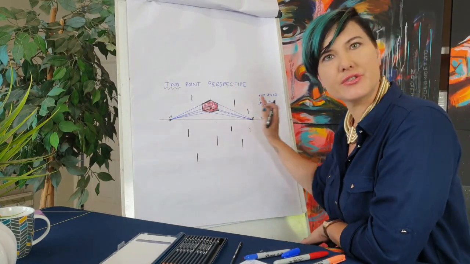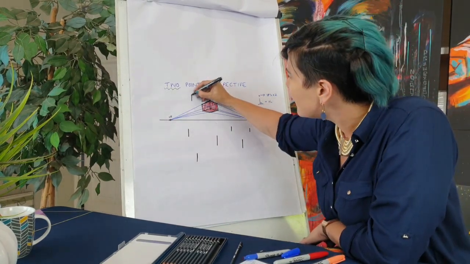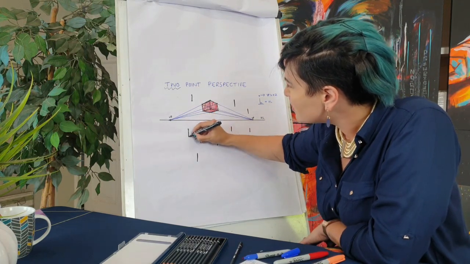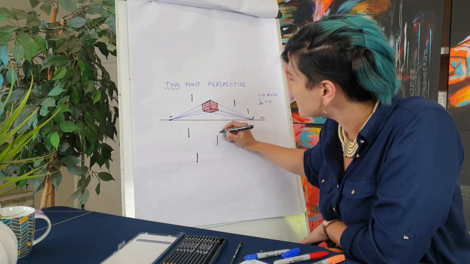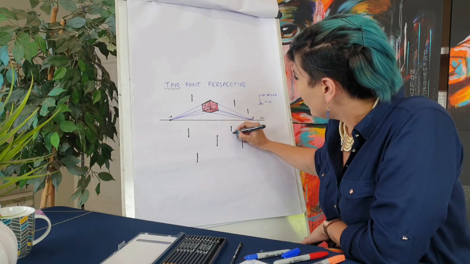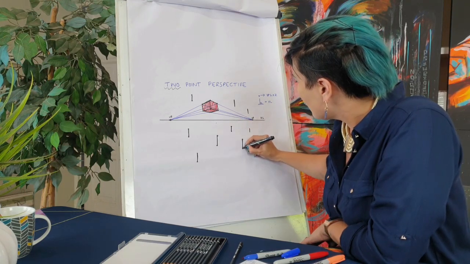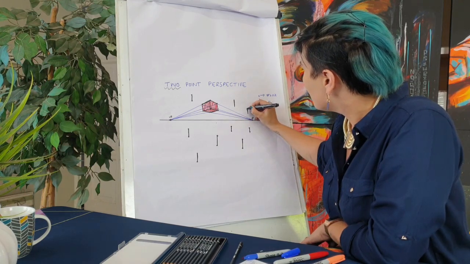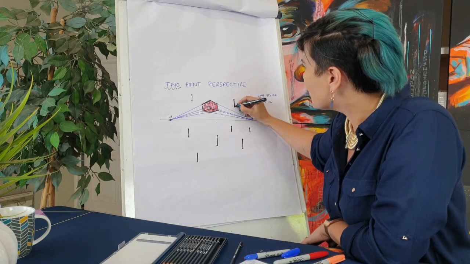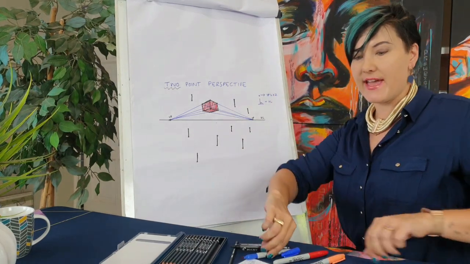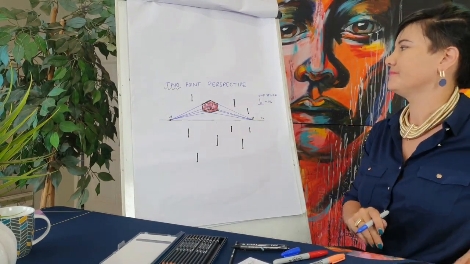I have now introduced perpendicular lines. Every line has got 2 dots. Remember, 2 points. So, following our rules, all dots have to go to both vanishing points.